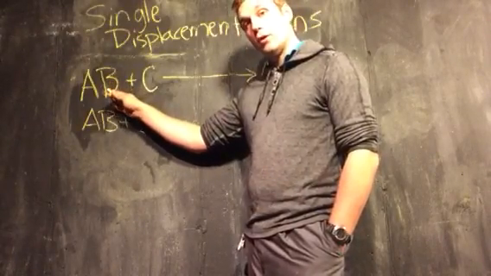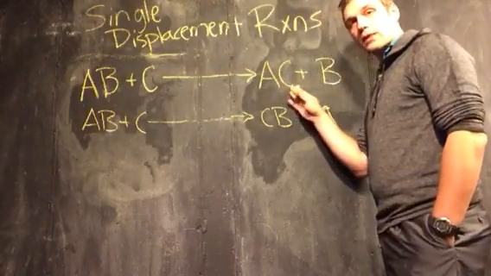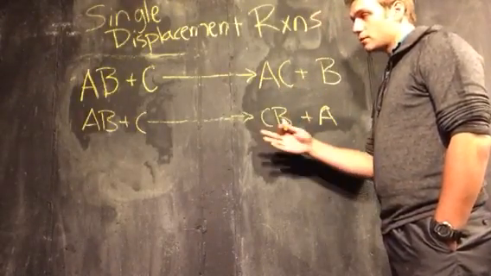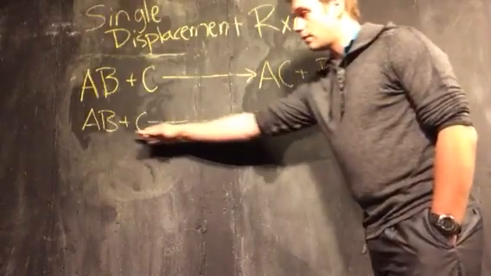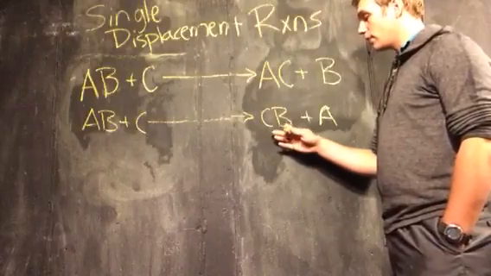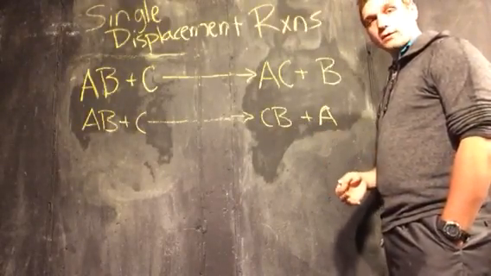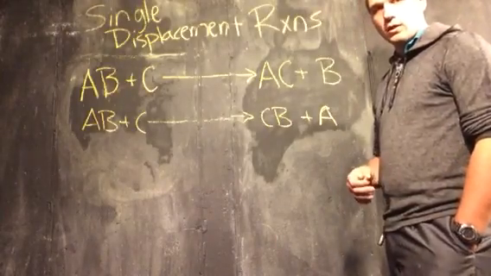In this first scenario, you notice B is replaced with C, leaving B by itself. Second scenario, you see that A is going to get kicked out by C, by another element, leaving it with A by itself.